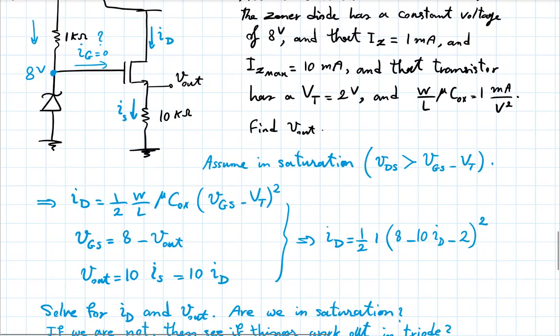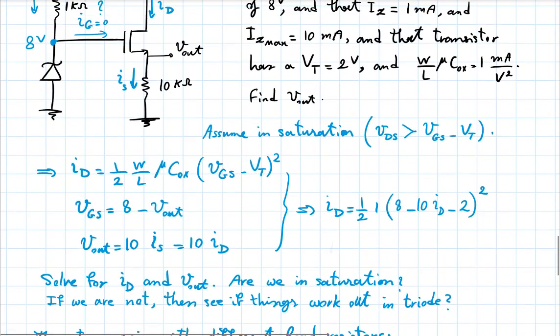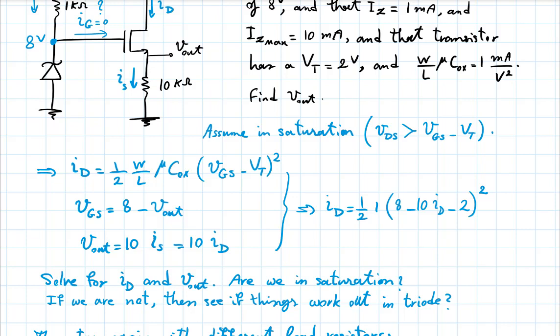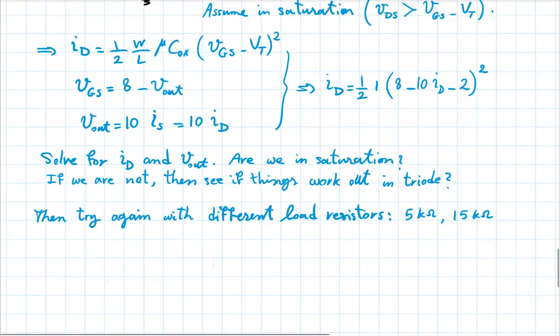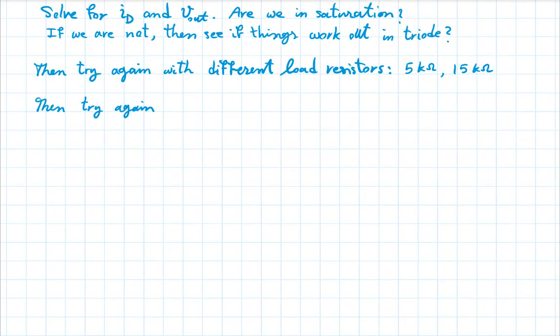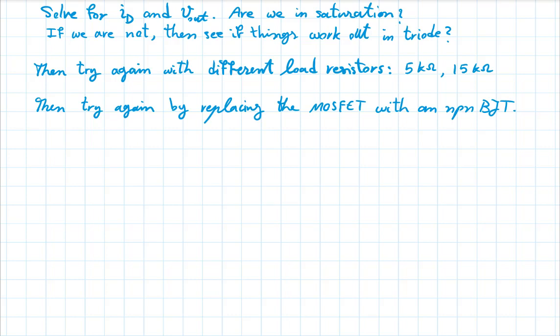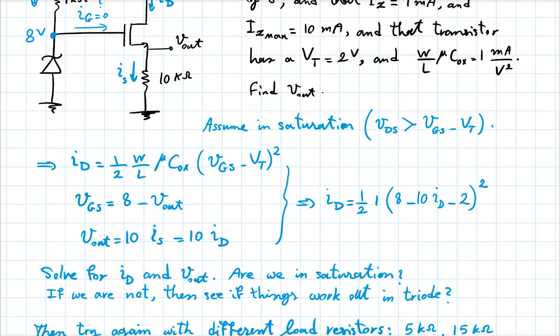Then do another problem where you change that load resistor to something different. Try 5K and 15K. And finally, try again by replacing the MOSFET with an NPN BJT with a beta of 100, and again do the same problem.